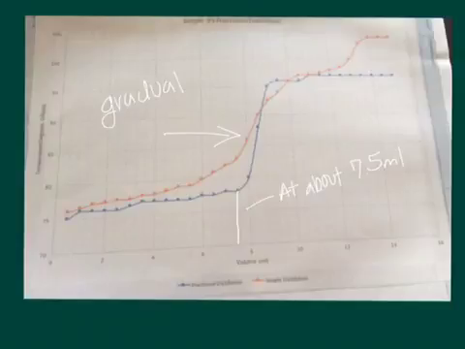Because of this drastic change, we can conclude that the distillate being collected at about 75 through less than 80 degrees Celsius is richer in compound A, which is ethanol, and has less of compound B, which is water.